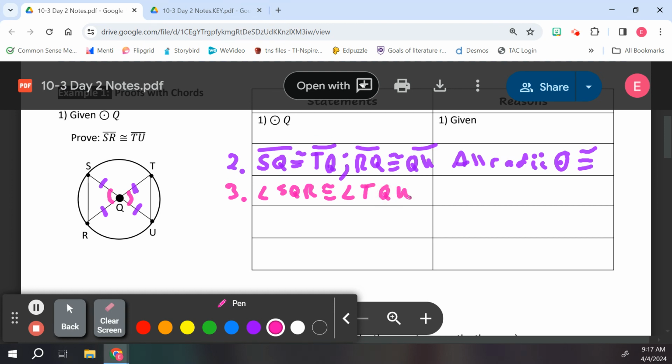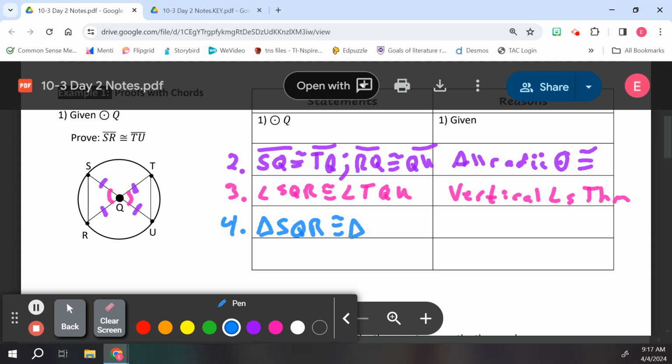Who remembers why? Good. Very good. Vertical angles theorem. Now that we have this, I can state that triangle SQR is congruent to triangle TQU.